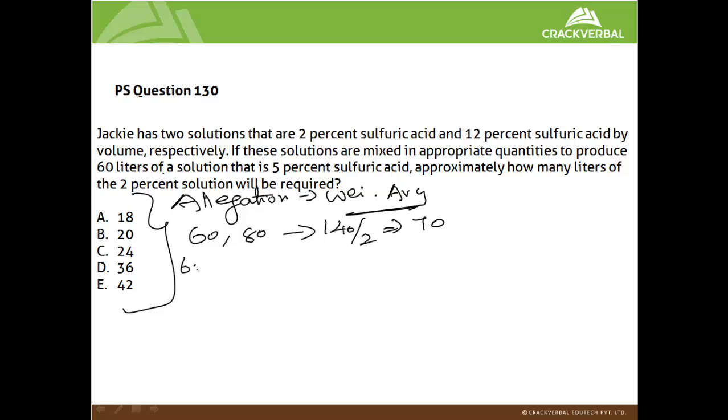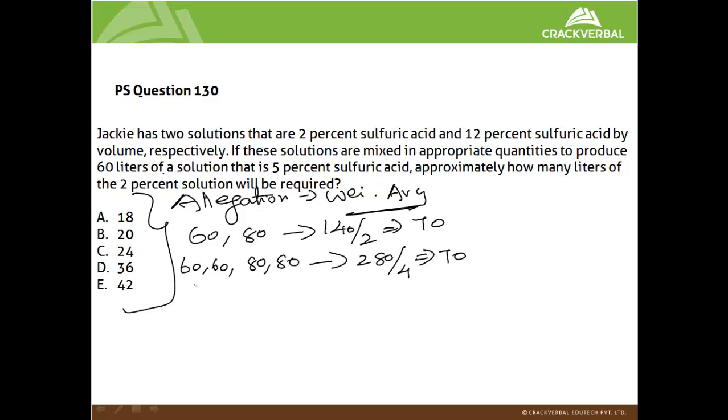But if there are two 60s and two 80s, then the average would be 60 plus 60, 120, plus 160, which is 280, divided by 4, which is again 70. So if I have n number of 60s and n number of 80s, the average would still be the same, 70.